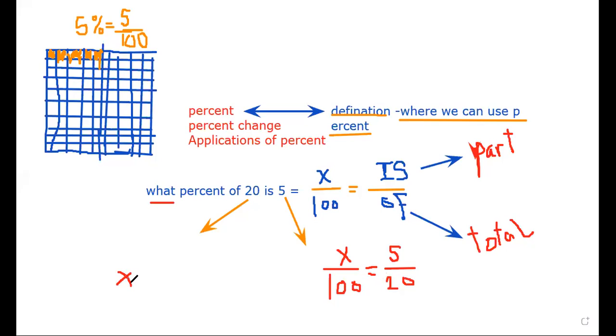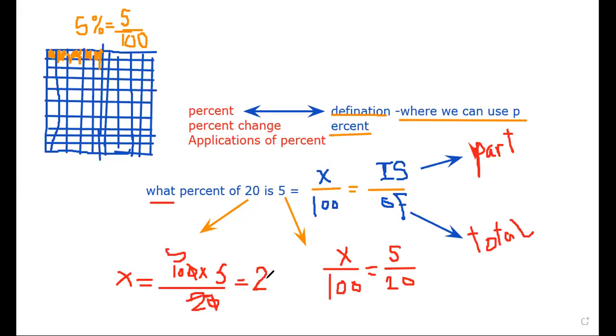Excellent, very good. So x equals 100 times 5 over 20. After that, we simplify: we cancel 0 with 0, then 10 divided by 2 equals 5, and divided by 2 equals 25.